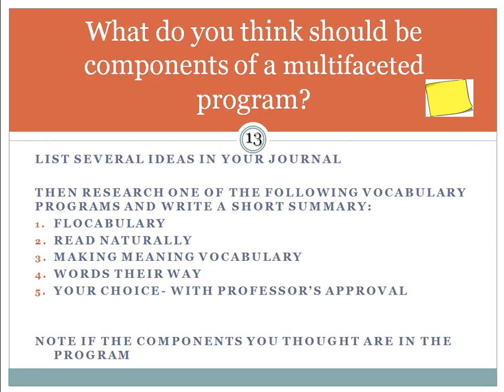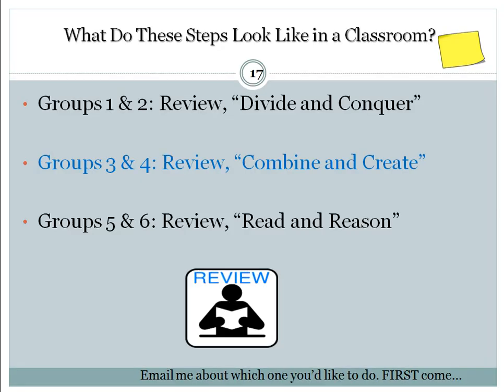There's Read Naturally, which is another vocabulary program, Making Meaning Vocabulary, Words Their Way. Or if you have another one that you would like to investigate and learn more about in your research, just let me know, and I'm sure it will be fine. So think about a program that you're interested in learning more about, and that will be one of your assignments in our class this week.